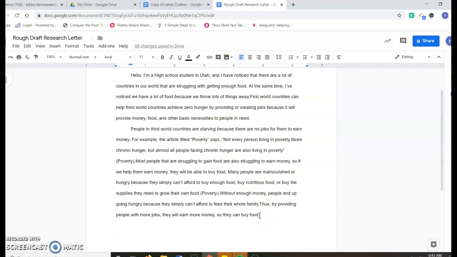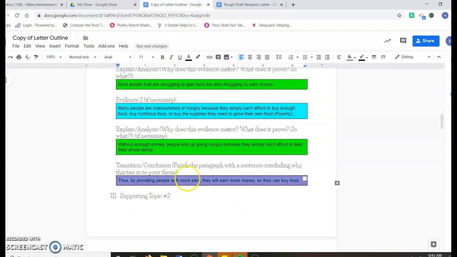Many people are malnourished or hungry because they simply can't afford to buy enough food, buy nutritious food, or buy the supplies they need to grow their own food. That's a good paraphrase. Without enough money, people end up going hungry because they simply can't afford to feed their whole family. Thus, by providing people with more jobs, they will earn more money so they can buy food. So this sentence right here feels a little repetitive, but that's because of what I wrote above. So I'm actually just going to delete it. My concluding sentence. Perfect.